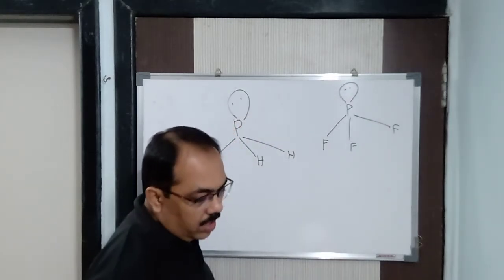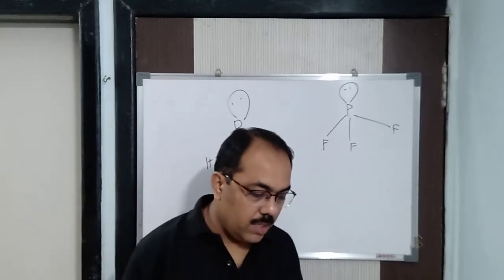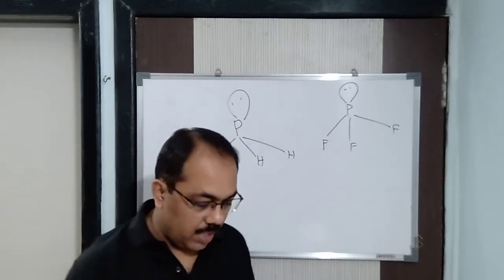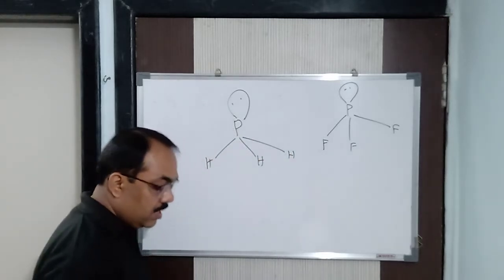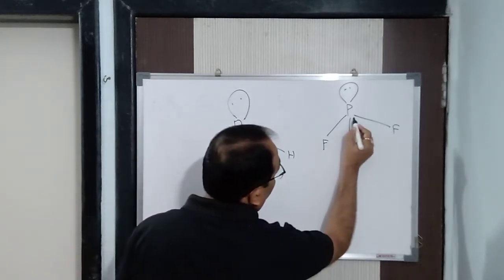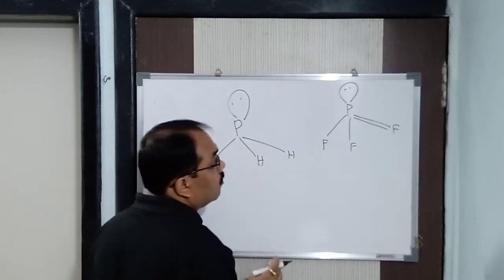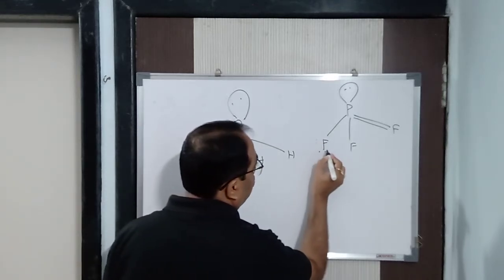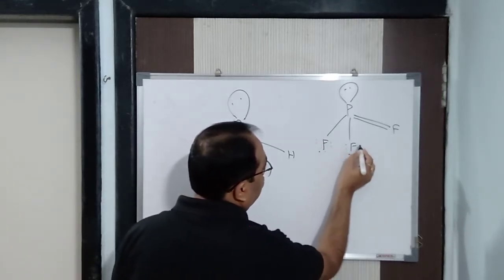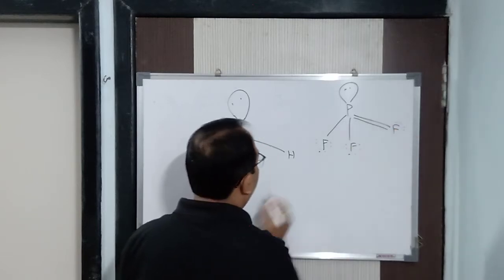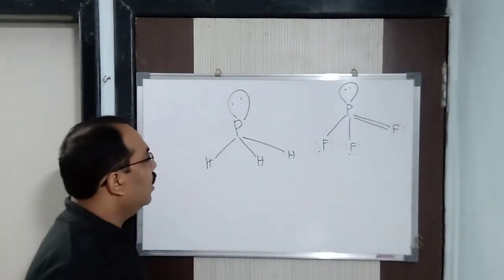Phosphorus also has a lone pair of electrons present in it. Now, one more thing I will tell you here: in PF3, one of the bonds is a double bond due to resonance. Here, fluorine is having 3 lone pairs. Here, fluorine is having 2 lone pairs. Clear?